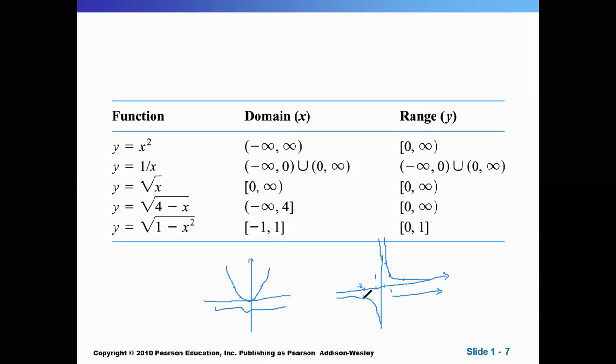Now, if we increase by going to negative 1, negative 1 is greater than negative 2, so this is negative 1. If it is negative 1, then the value will be negative 1, right?